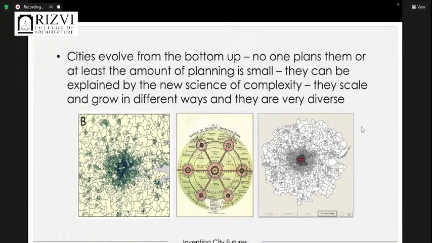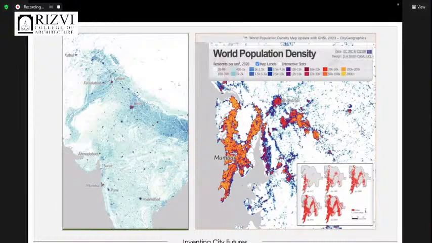So they change qualitatively as they grow, and they change in terms of realizing greater economies of scale, agglomeration economies as they grow. So here are pictures of different renditions of London, again implying this morphology of the concentric radial system.